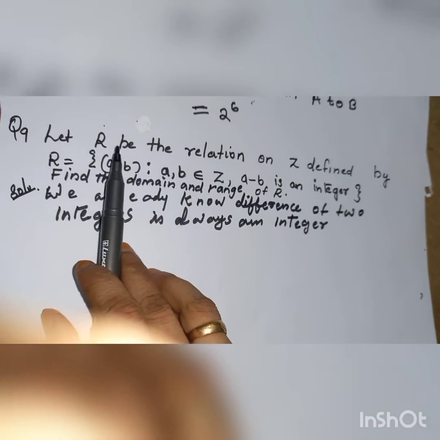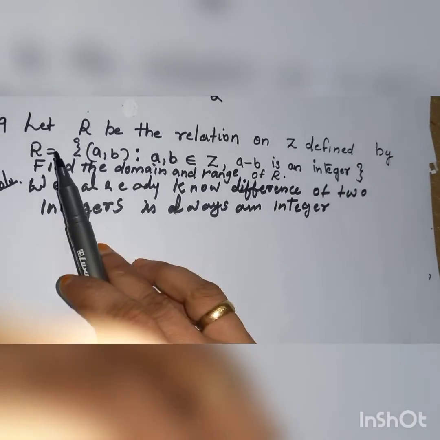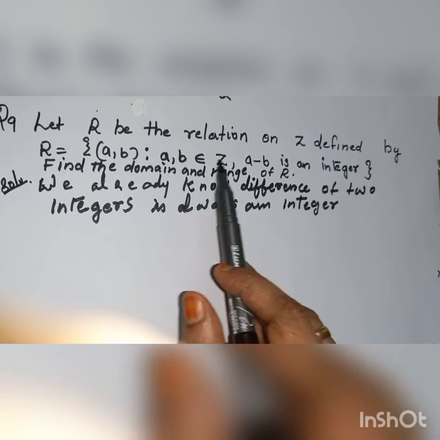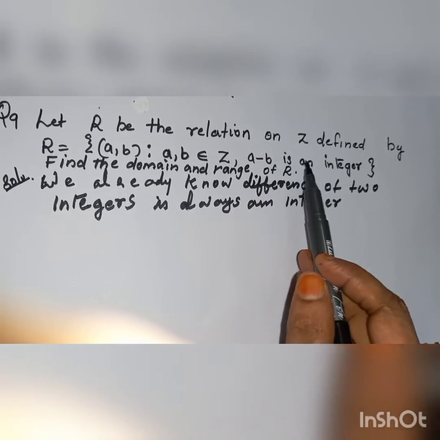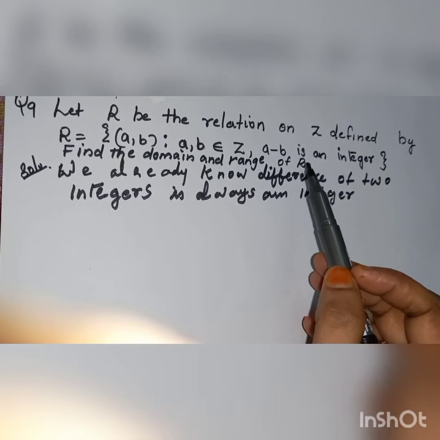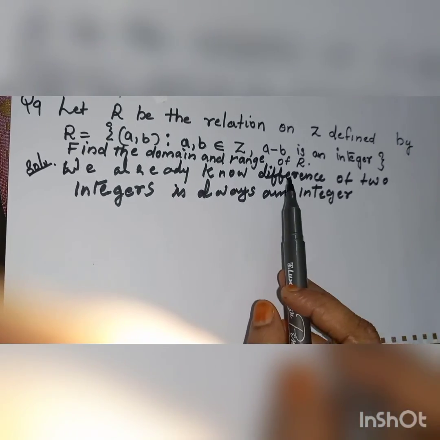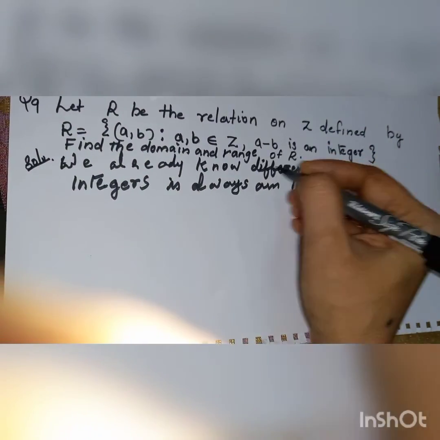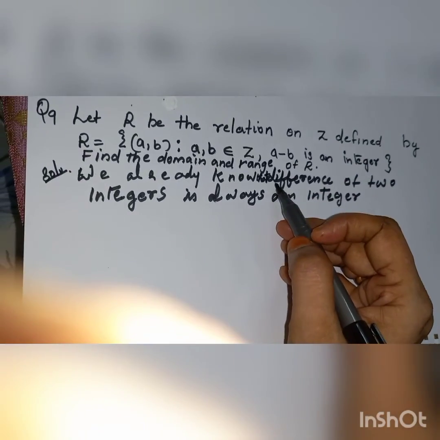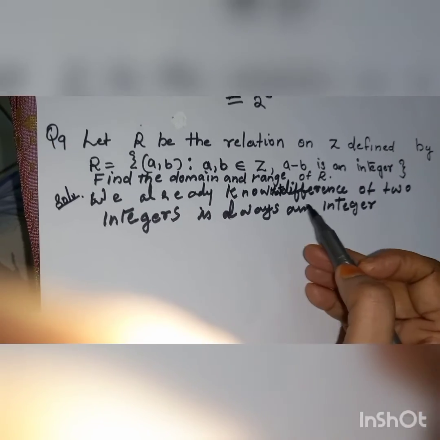Okay. Question number 9. Let R be the relation on Z defined by R = {(a, b) such that a, b belong to Z and a minus b is an integer}. Find the domain and range of the relation R. Solution. We already know that the difference of two integers is always an integer.